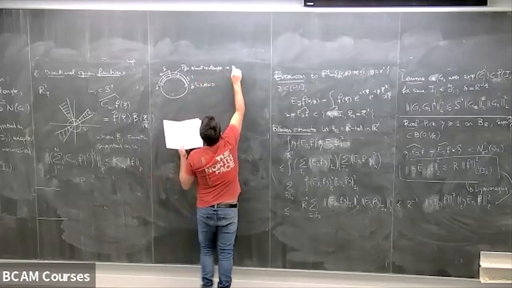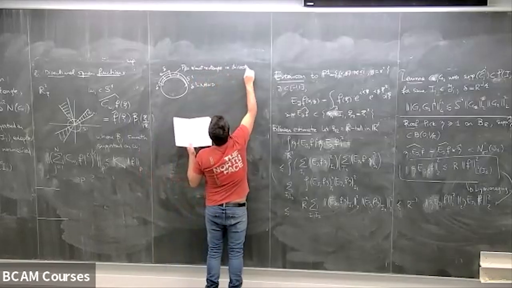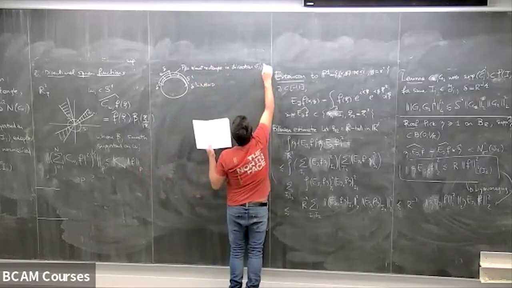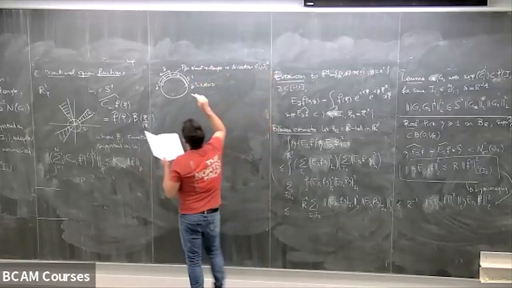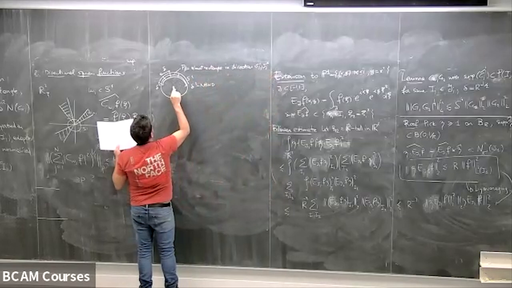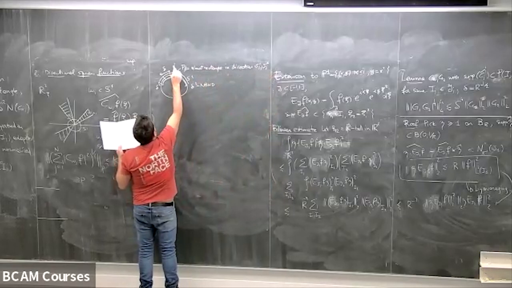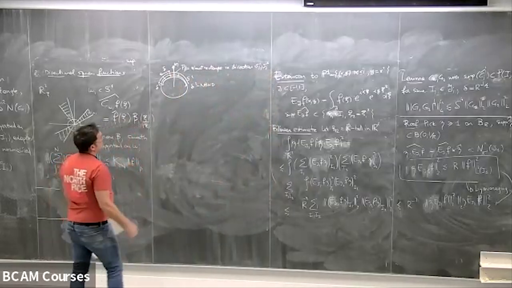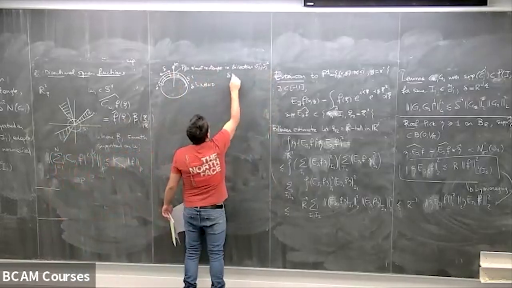In direction Vj perp, where Vj is the normal of size delta.